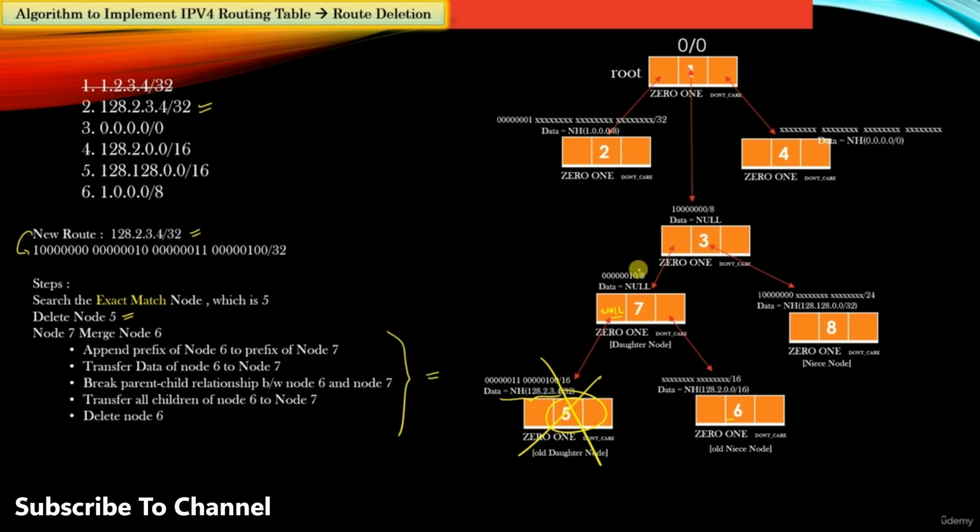So node 7's effective prefix would become XXXX 16 times, and the prefix length of the node 7 would become 24, because 16 don't care bits have been transferred to the node 7. Then transfer the data of the node 6 to the data of the node 7.